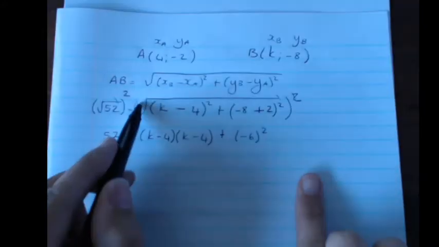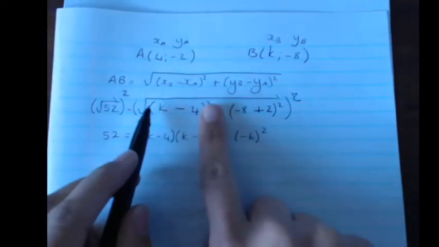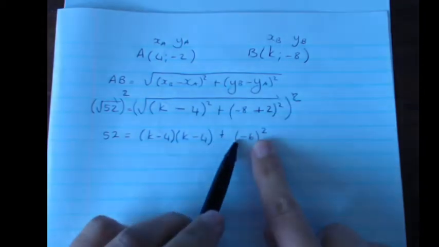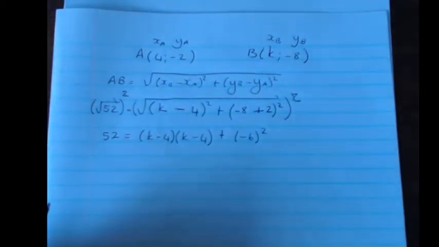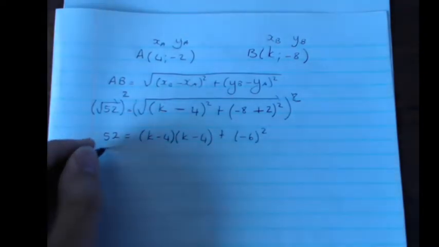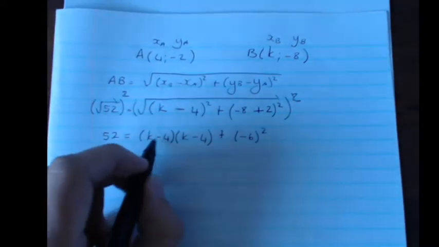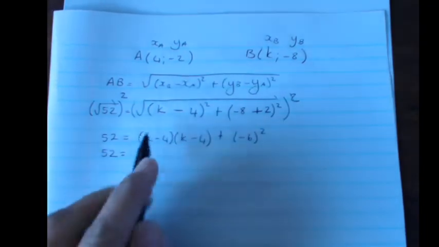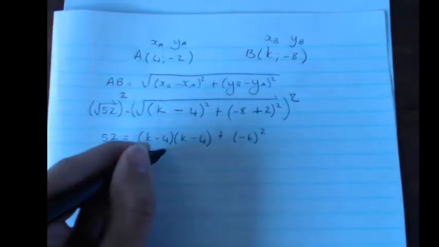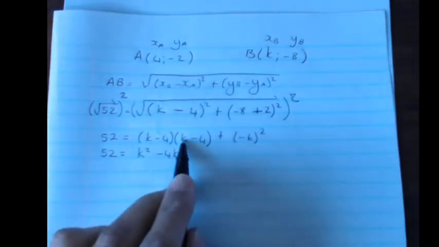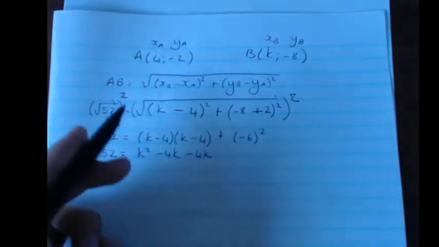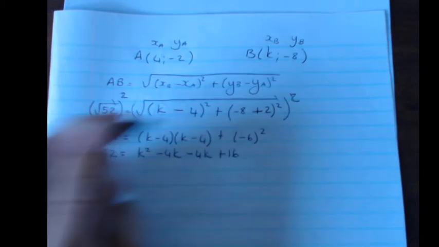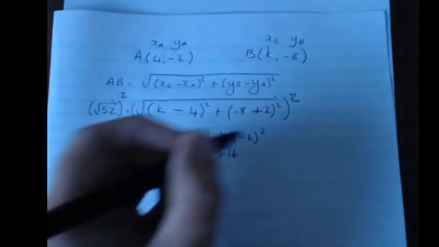I'm rid of the square roots, and I simplified: -8 plus 2 is -6. Now I multiply out the brackets: k times k is k squared, k times -4 is -4k, -4 times k is -4k, -4 times -4 is +16, and -6 squared is +36.